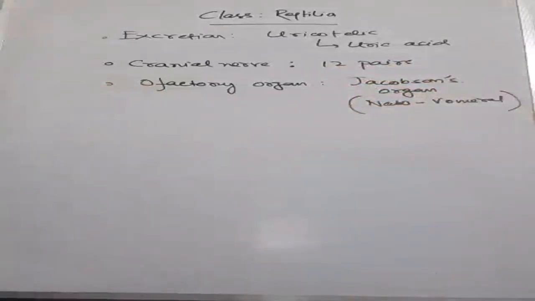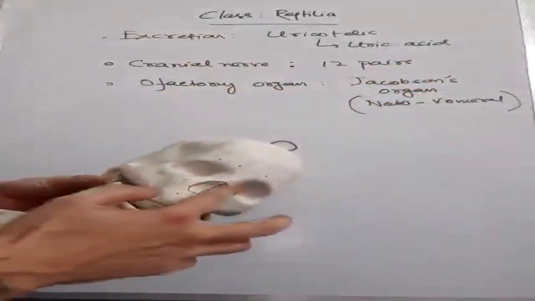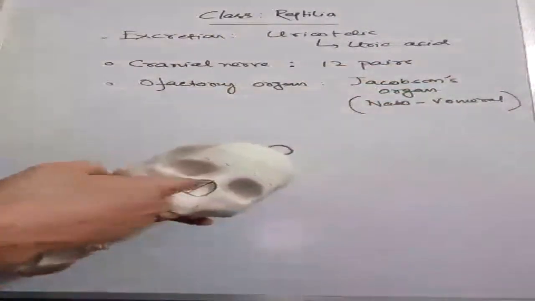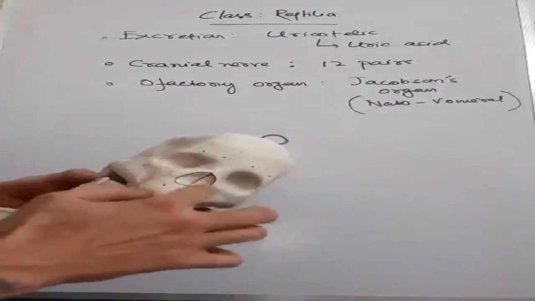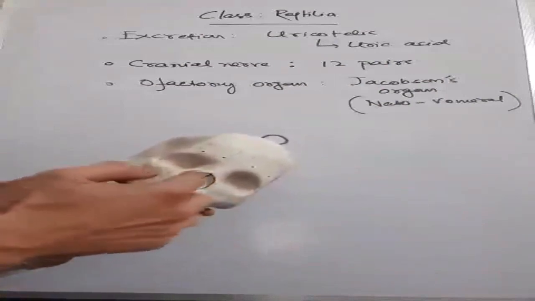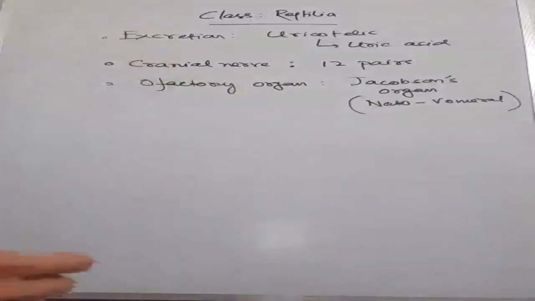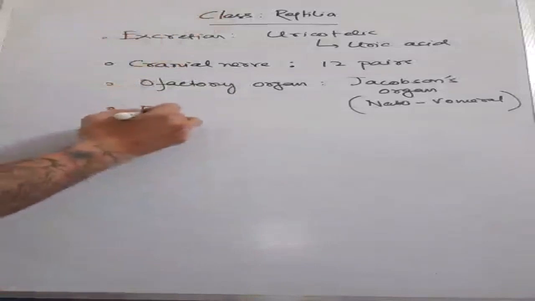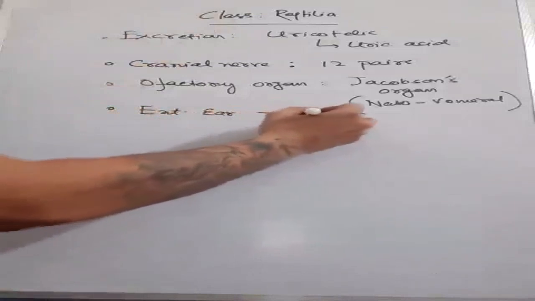If you see this skull, this is the nasal part, and inside it the vomer is present. So the olfactory organ is nasovomeral in nature, and there is no external ear. External ear is absent here.